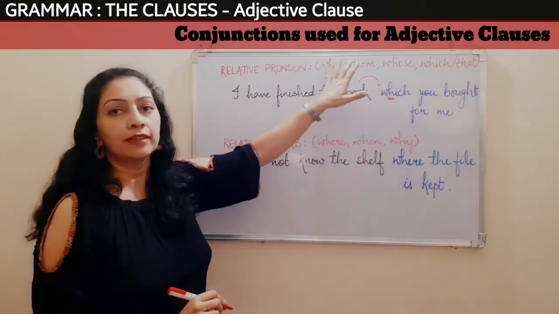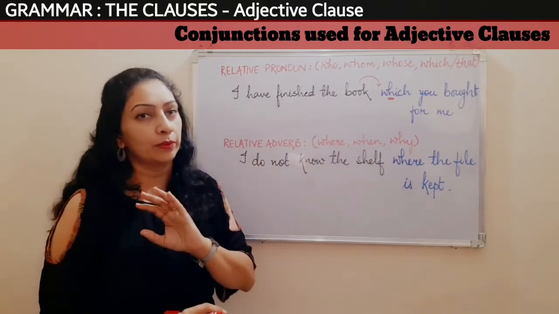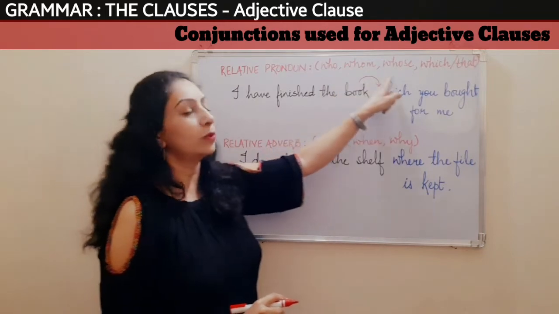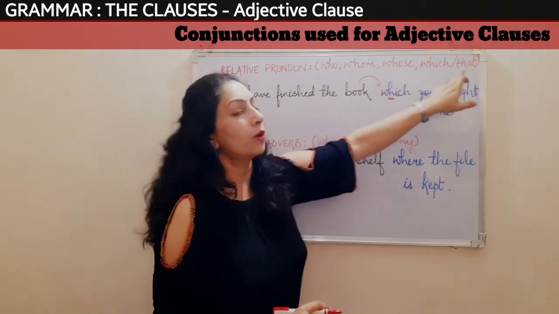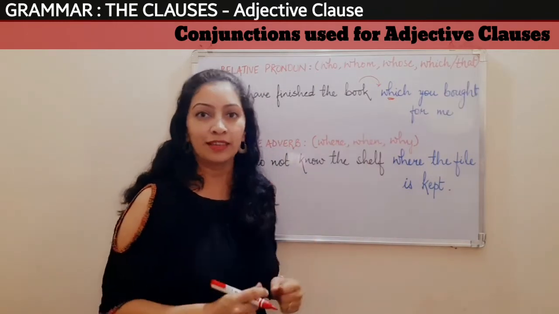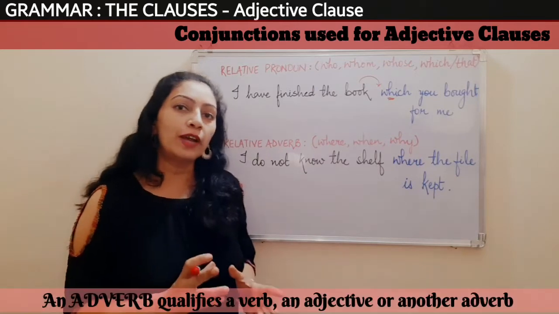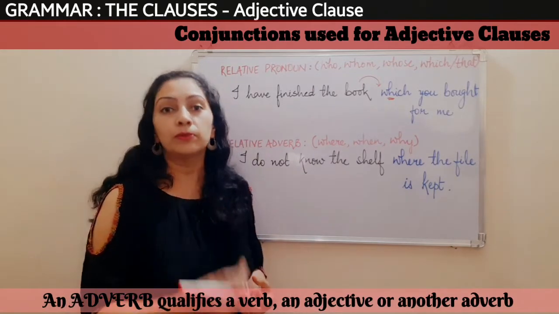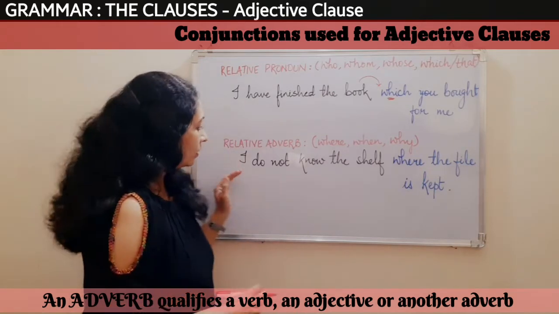So under this category, we have all those conjunctions which will qualify a noun or a pronoun. Now, who, whom, whose, these three are used for persons. Which or that is used for things. But when we come to the relative adverb category, the definition of adverb is that it has to qualify a verb or another adverb or an adjective. So look at this one.